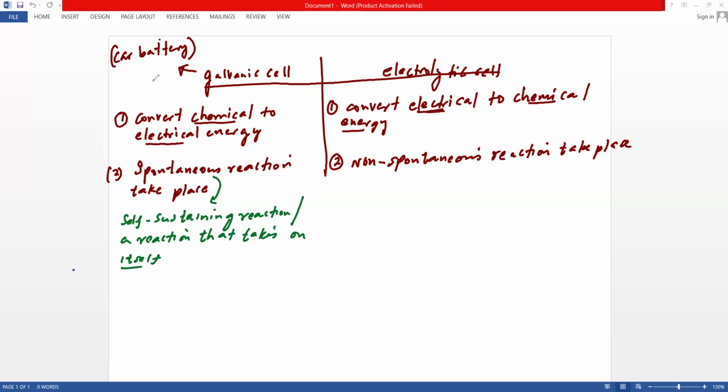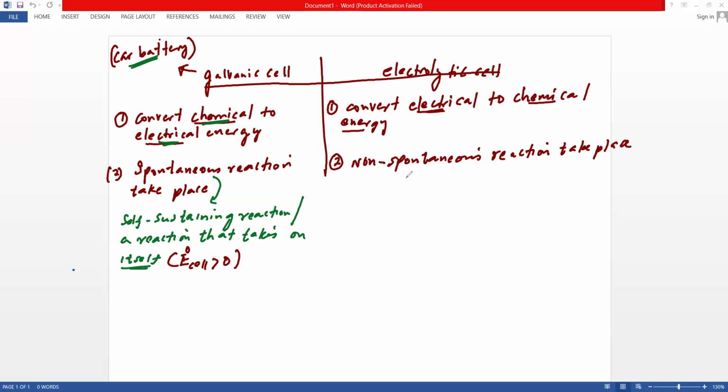For example, with a car battery, immediately when you start your car, it converts chemical to electrical energy on its own. So we say the reaction is spontaneous. And it is seen by the cell potential, which is always bigger than zero, positive.